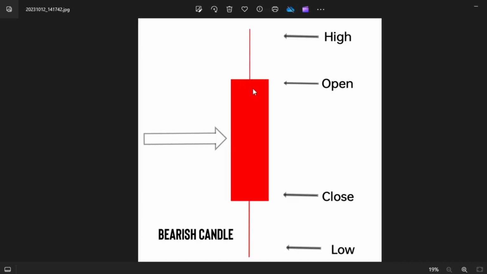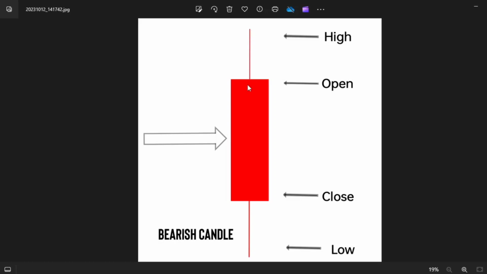The highest price the market got to in that time period, whether it's a 1 hour time frame or a daily time frame, no matter the time frame, is the high, and that is represented by the wick. Wicks are very, very important in trading.